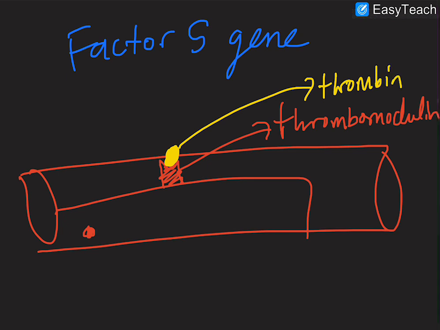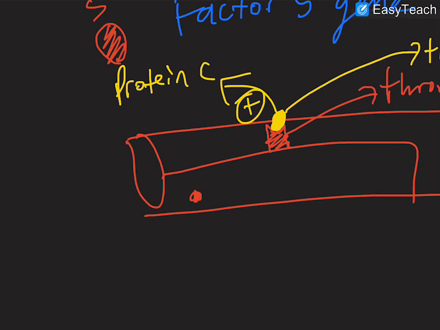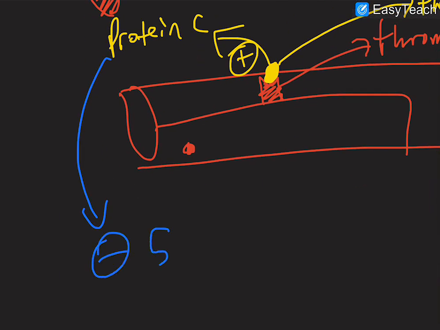And how does it change? When thrombin binds to thrombomodulin, thrombin will then stimulate protein C and S. But if we're talking about protein C specifically, because remember protein S is a cofactor, if we just draw protein S like this attached, it is a cofactor to protein C. But thrombin stimulates protein C. Then protein C inhibits factors 5 and factor 8.